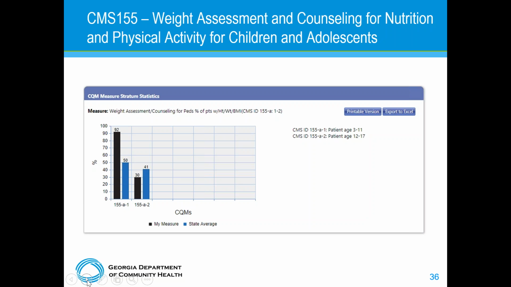And then I can also see my stats for the second stratum, age 12 to 17. And as you can see, this system can give you targeted information that can be used to improve office processes, patient education, and target specific patient populations to improve health outcomes.